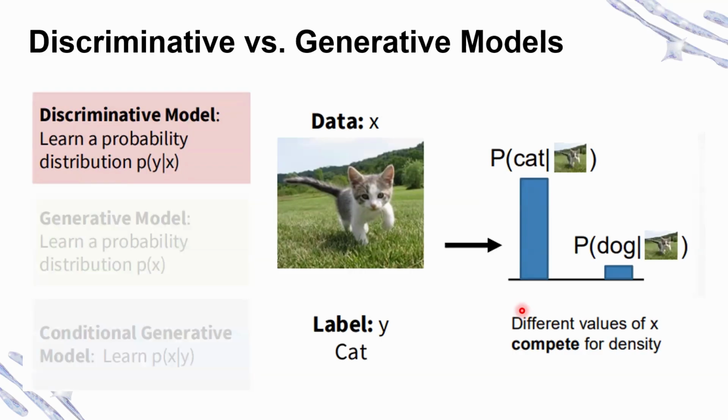So for discriminative models, there's only a fixed amount of probability mass. If you have this picture here and you assign a higher probability of it being a cat, then inherently the probability of it being a dog has to be lower, because it all sums up to one.